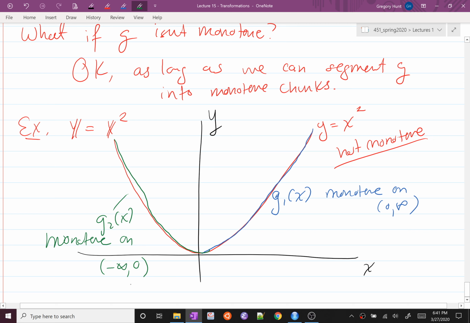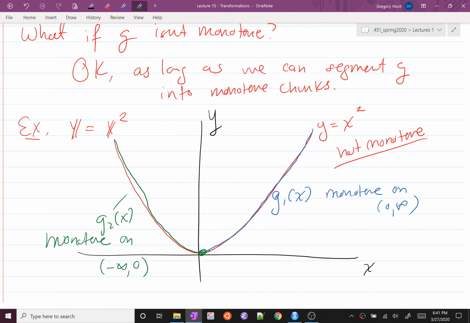So we're going to state a very similar theorem for cases like this where the function overall isn't monotone, but I can break it at 0, or at some points, and as long as on each of these segments it's monotone, we can apply the theorem to each segment and recombine at the end. And so everything will work out okay.